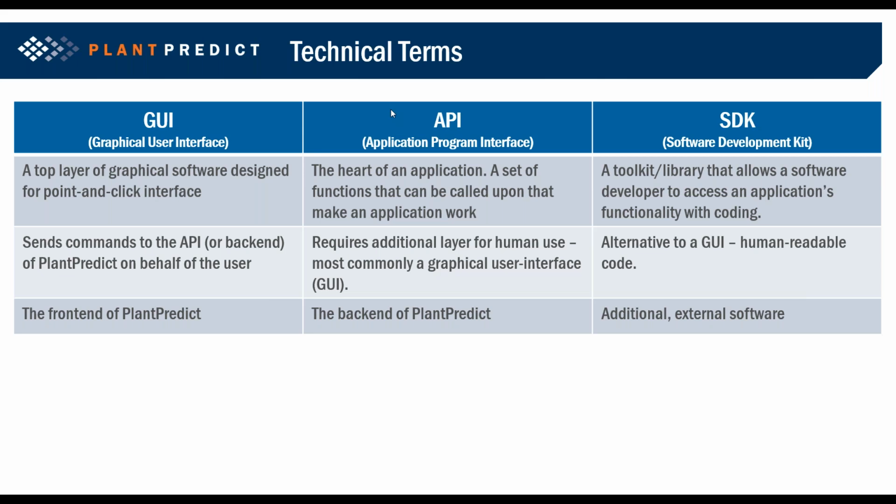It's an alternative to a GUI, and it makes it really easy, relatively speaking, you have to know the language, really sophisticated, really savvy to interact with the API. It's a toolkit or a library of functions that allows a software developer or a software dabbler to access the application's functionality with coding. And as it says there, it's an additional external software. So with that being said, those are the technical terms that we'll be talking about today.